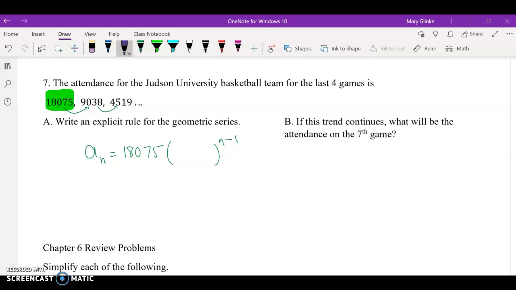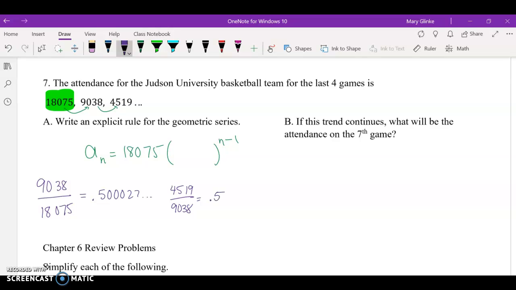For this one, if we do 9,038 divided by 18,075, we end up with 0.5000027, and it keeps going there. And if we do the next one, 4519 divided by 9038, that ends up being 0.5.